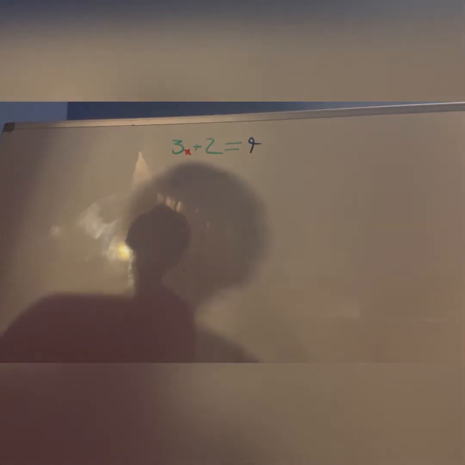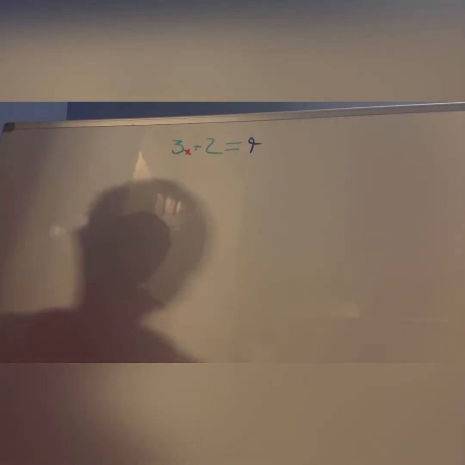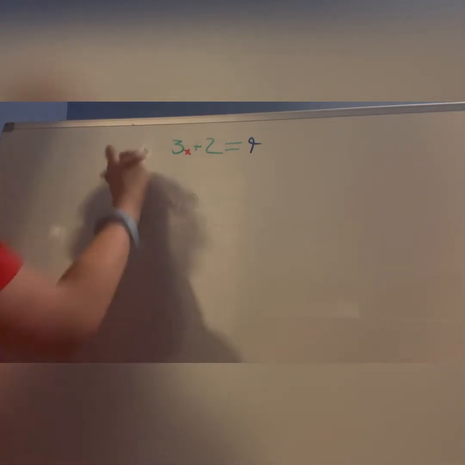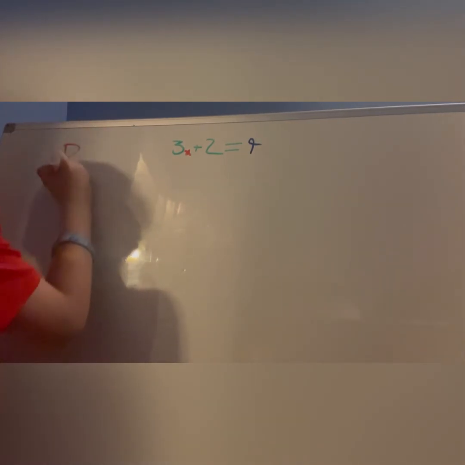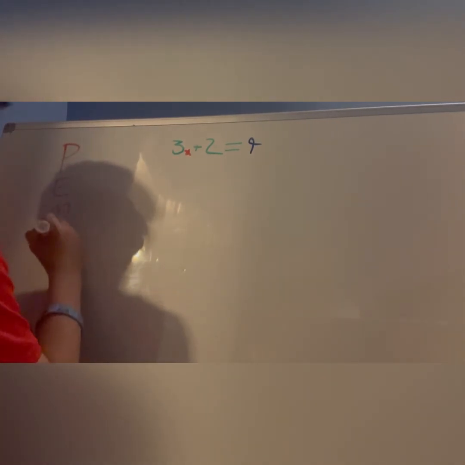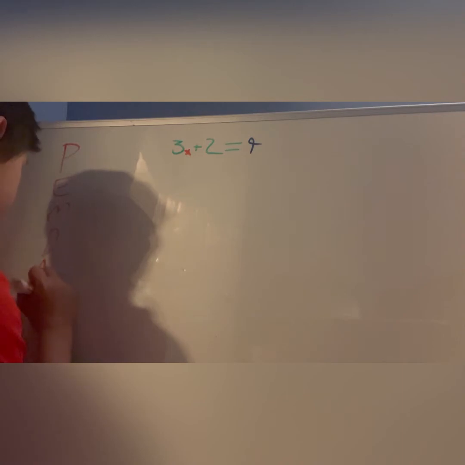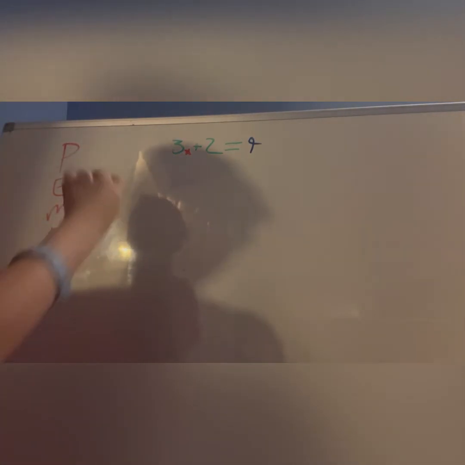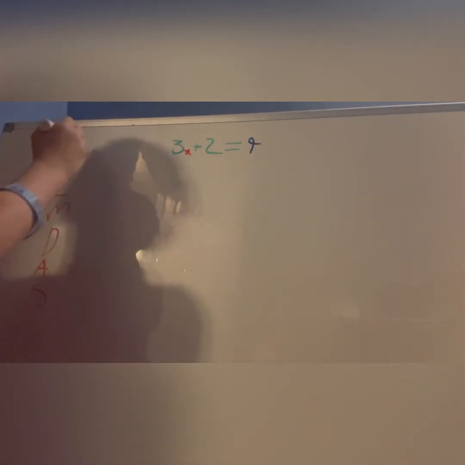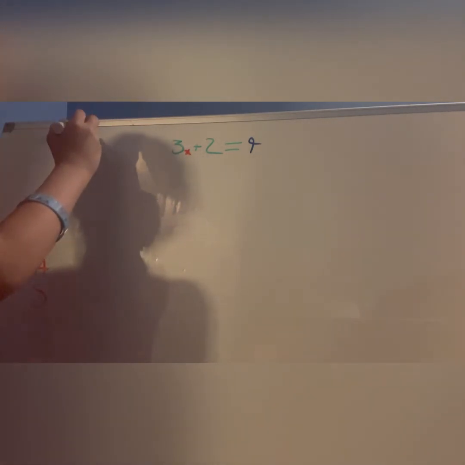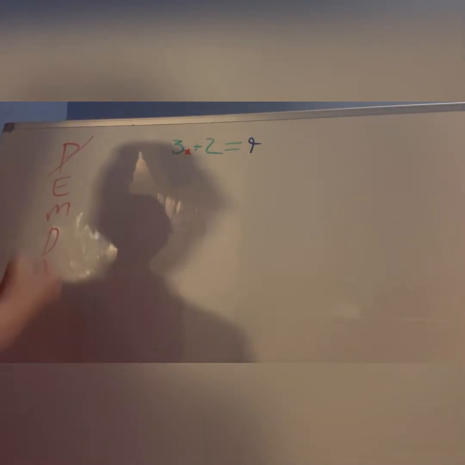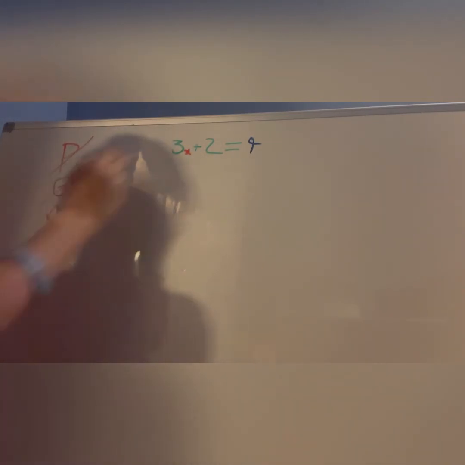Alright, so now that you understand PEMDAS, first we have parentheses, we don't have any, so bye bye. Exponents, no exponents. Multiplication, there's no multiplication in this.